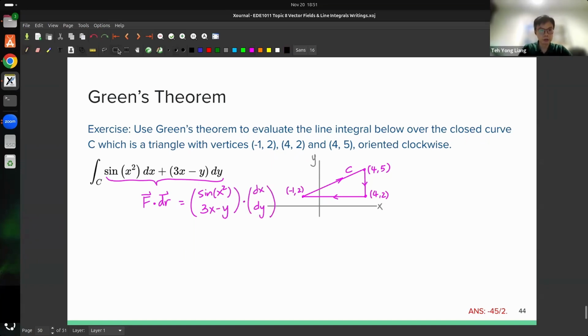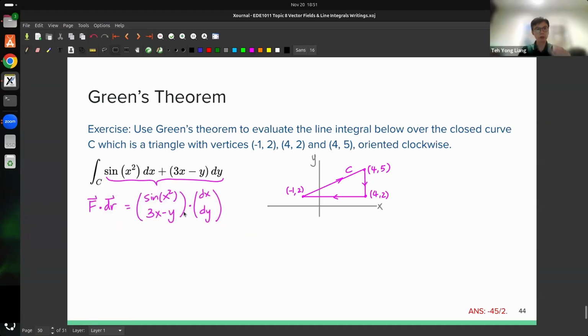I just write this out for you so that we can recognize F1, F2 more explicitly.